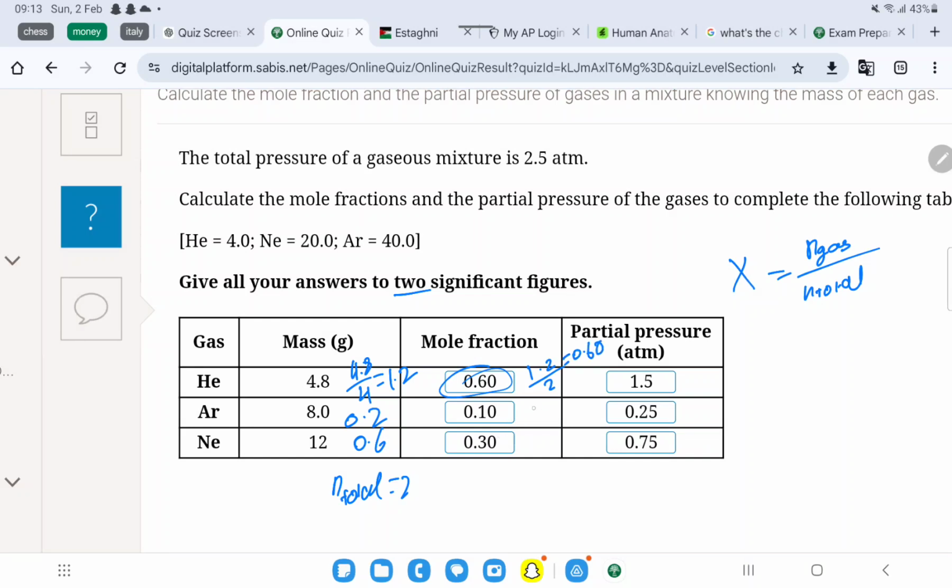And then for argon, 0.2 over 2 equals 0.1. Again, two significant figures, so 0.10. And neon, 0.6 over 2 equals 0.30 for two significant figures. And then we want partial pressure. Partial pressure, we said before that P equals X times P total.